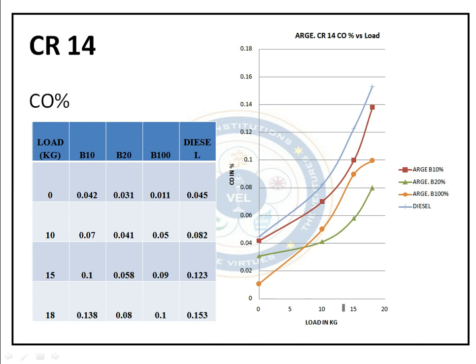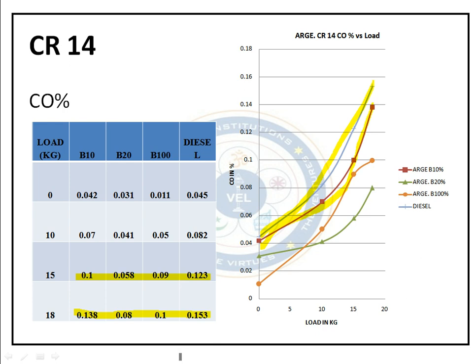Likewise, we can easily see the same data for load 15: highest in diesel and least in B10. For compression ratio 18 and 18 kg of load, same data, highest in the diesel. In the graph, it is easy to explain that B10 is slightly below the diesel. The blue line is our diesel graph.